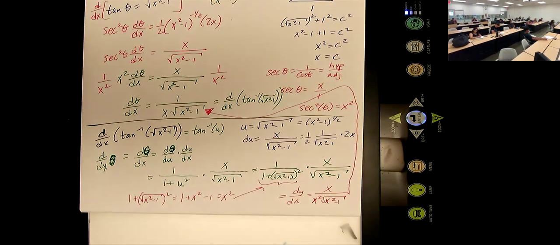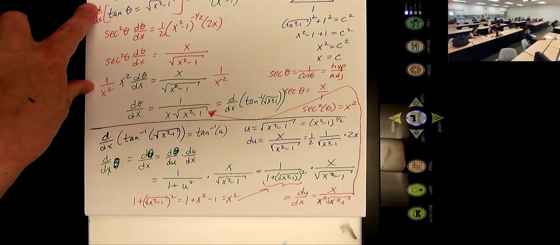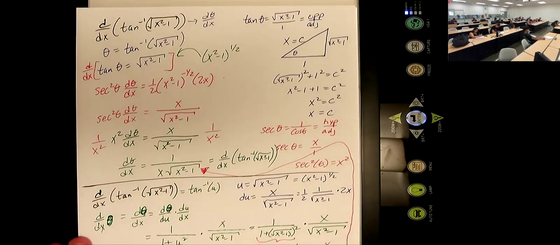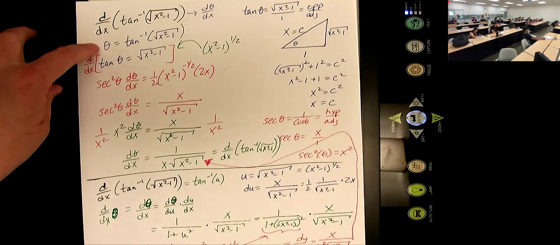That's an excellent question. I just randomly put in a y without defining y. But I had theta defined up there, so we can leave it like that. I don't even know that I'm pointing to it on the screen. There it is. We had theta up there, same theta.